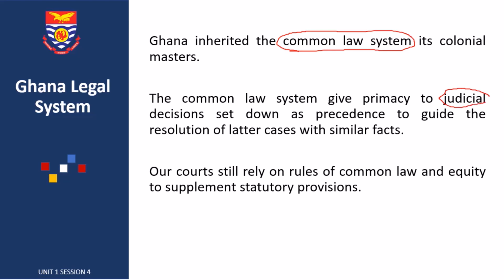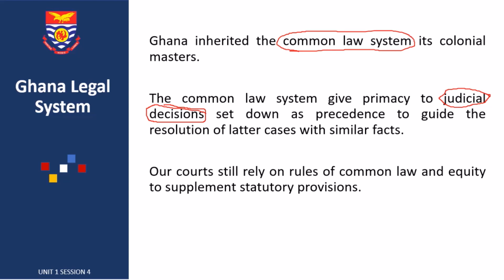When there's an issue before a court, the judge gives judgments. And that judgment, if the court in which it was given was a superior court, becomes a precedent and all other courts below that court should follow.